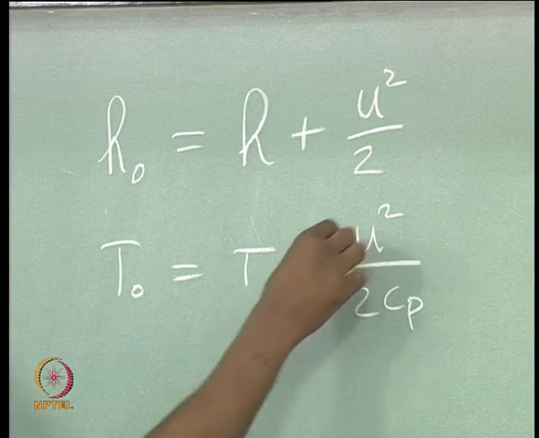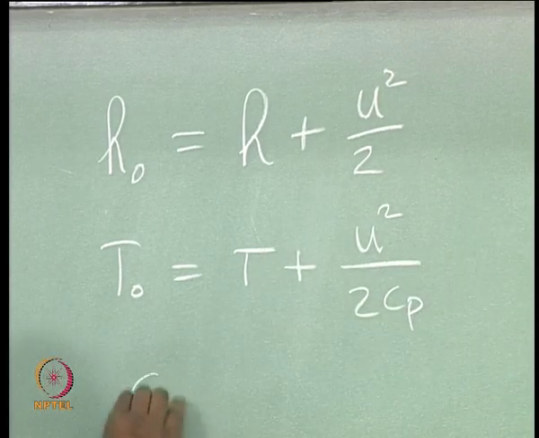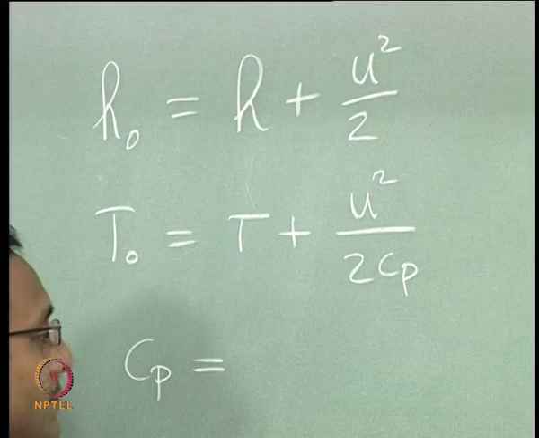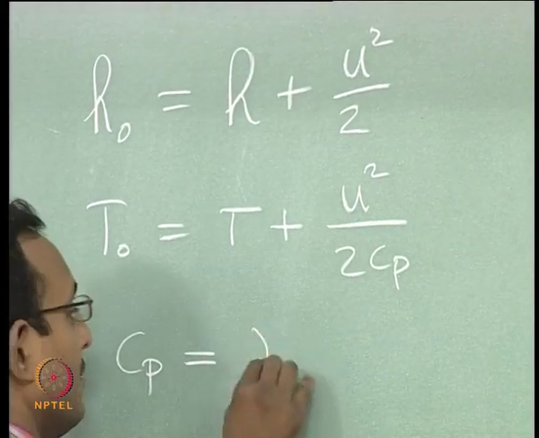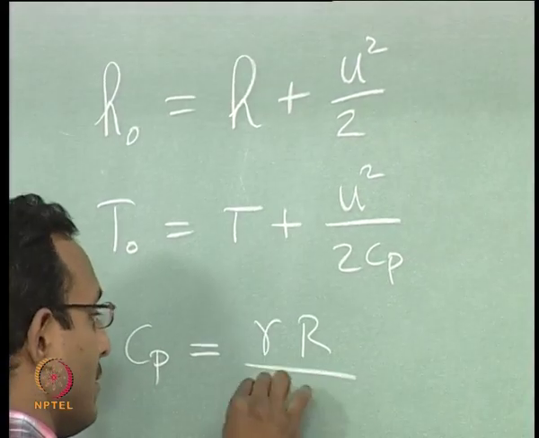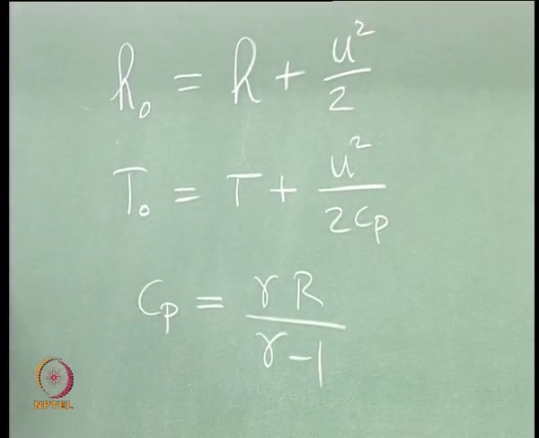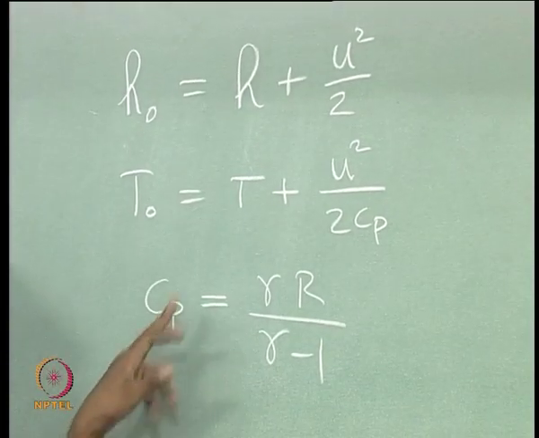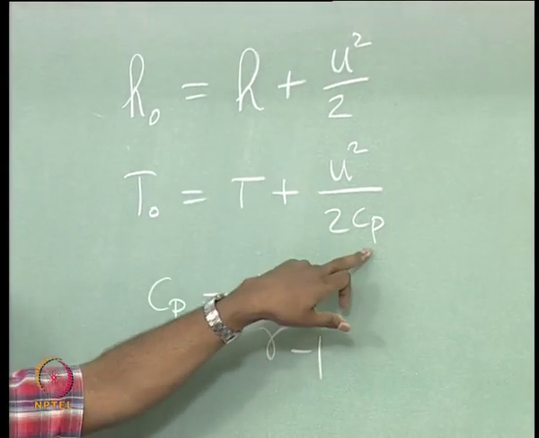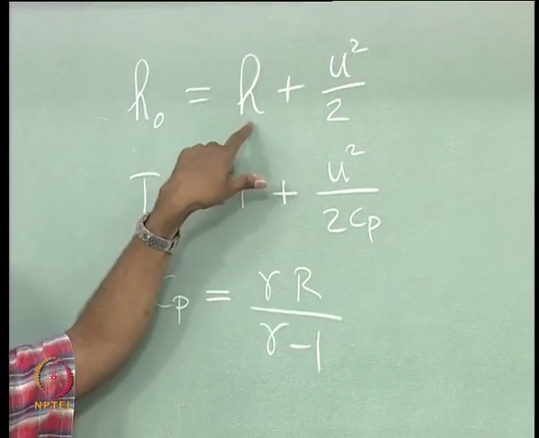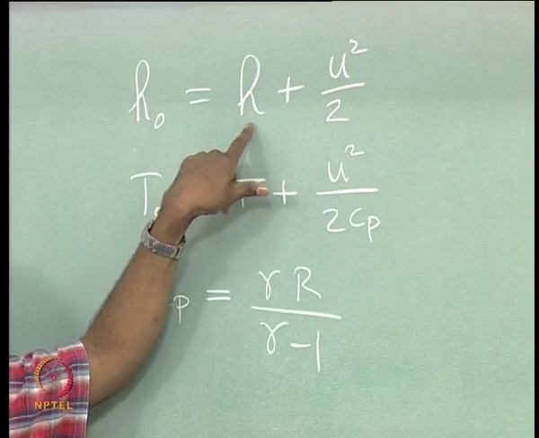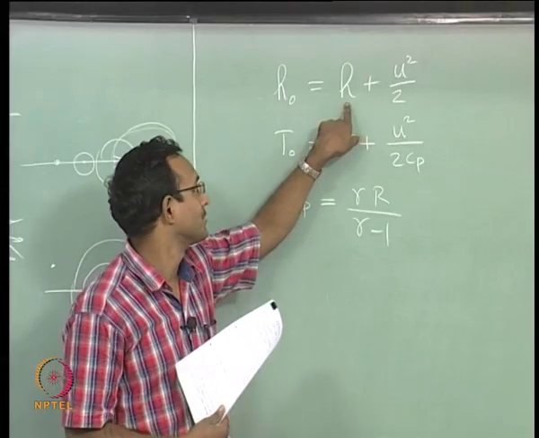Now I want to rearrange these terms. What is Cp in terms of R? Gamma R by gamma minus 1, where I am taking this to be per mass basis. Why? Because h is per mass basis by definition for us; our convention is small h is per mass basis.